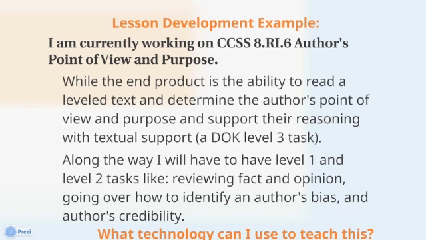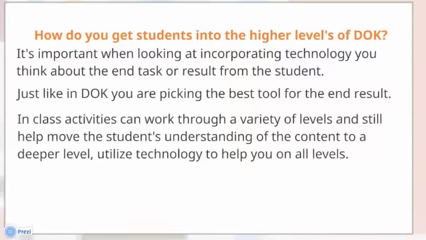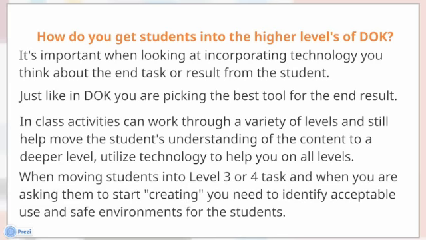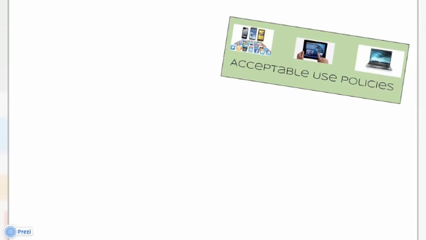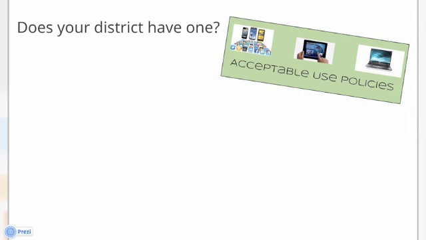So just some simple steps, I think, to help with a virtual environment. Okay, so when you're moving students into level 3 or 4 tasks and you're asking them to start creating things, one of the other things you need to start thinking about is identifying acceptable use and safe environments for the kids. So, acceptable use policies. Does your district have one?